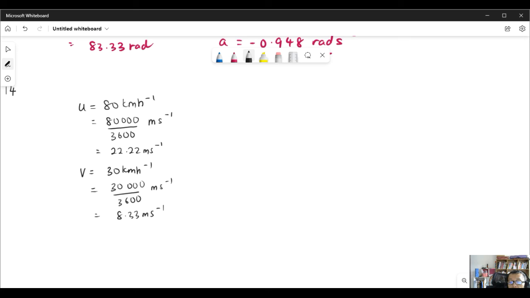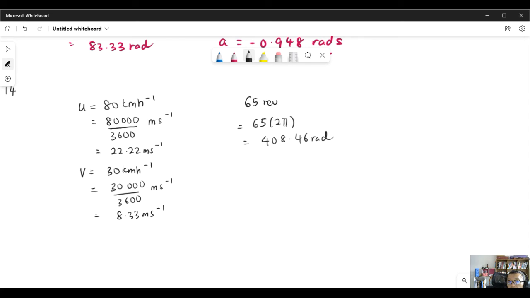The car makes 65 revolutions. So 65 rev is equivalent to 65 times 2 pi. 65 times 2 times 3.142, 408.46 radian in angular displacement.